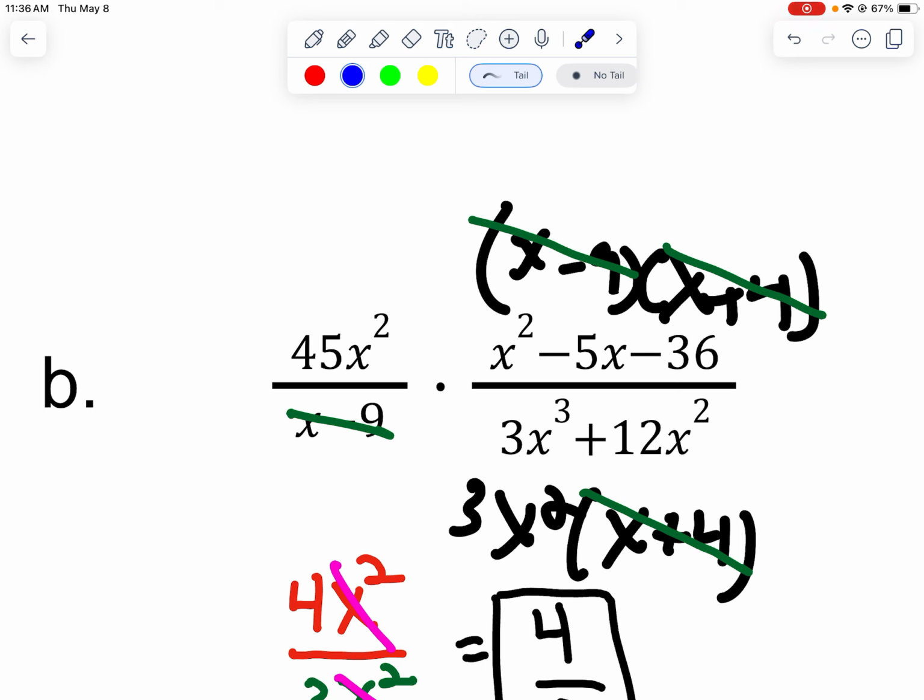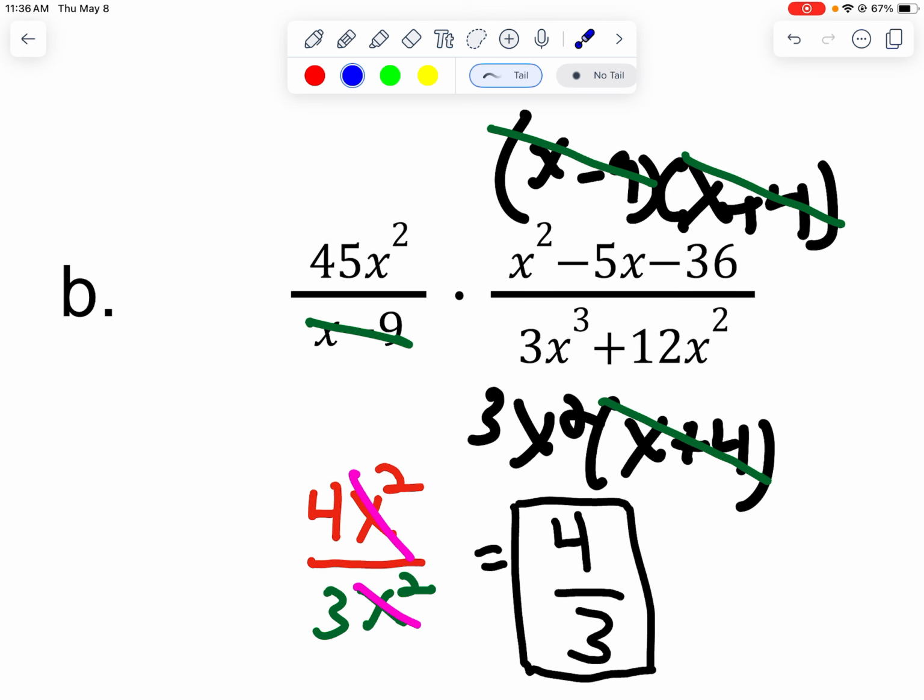Then when you look, you see that the x minus 9s divide out, the x plus 4s divide out. You're left with 45x squared. And by the way, what I wrote here was wrong. It's 45, because I wrote 4. It's 45x squared over 3x squared.